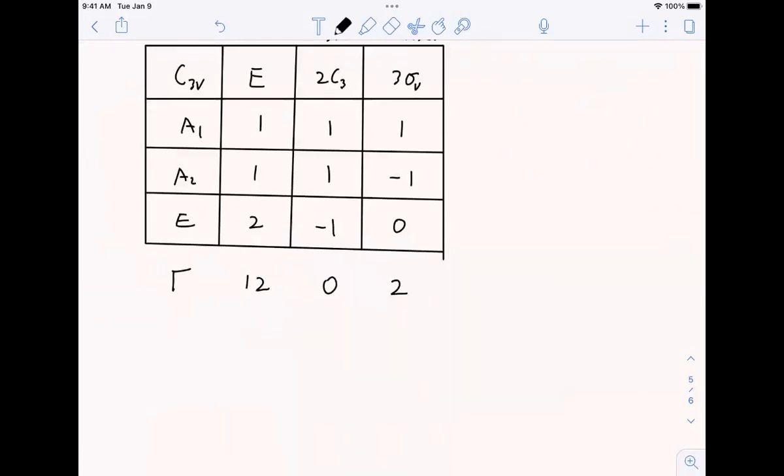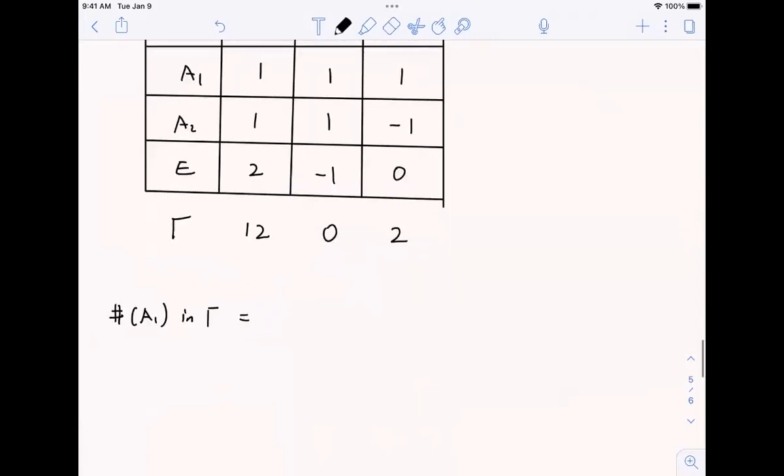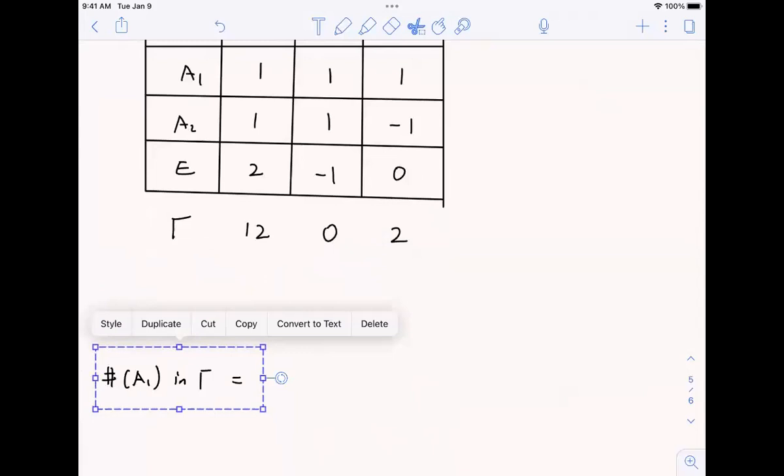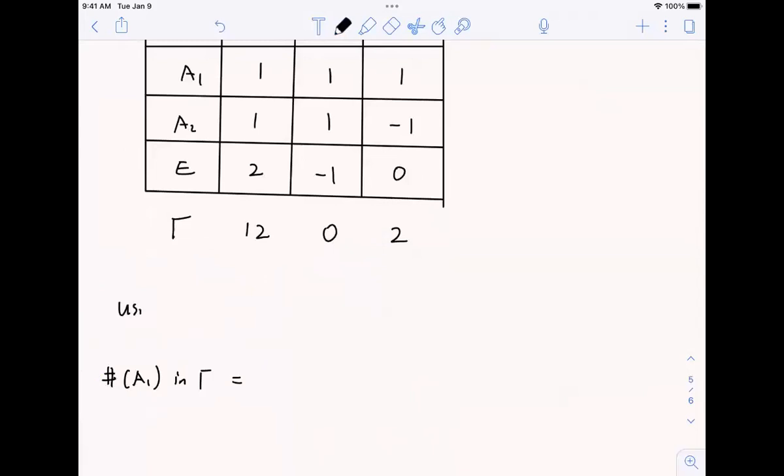So we're going to decompose this gamma into different irreducible representations. So the number of A1 in gamma, you have this formula of decomposition.